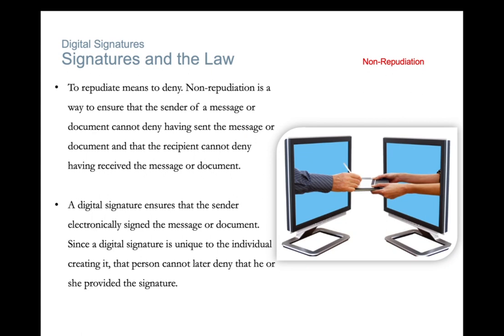A digital signature ensures that the sender electronically signed the message or document. Since a digital signature is unique to the individual creating it, that person cannot later deny that he or she provided this signature. This is non-repudiation.